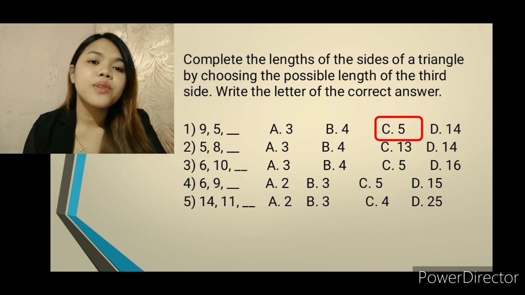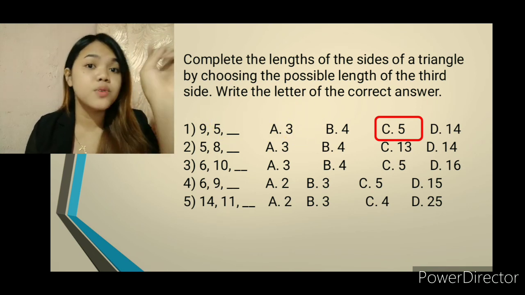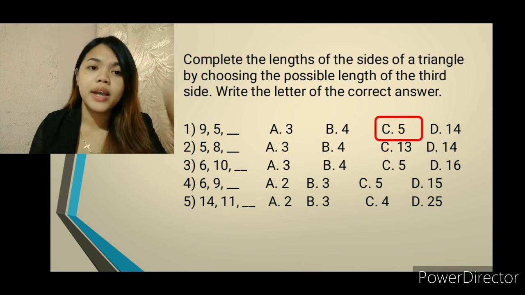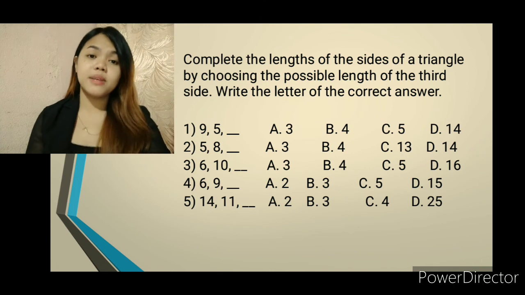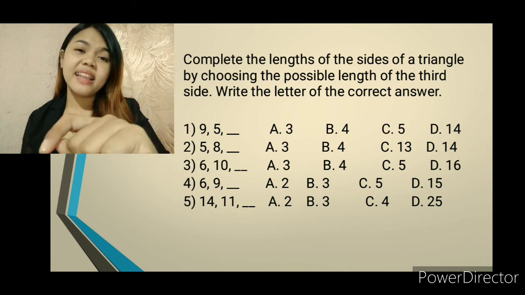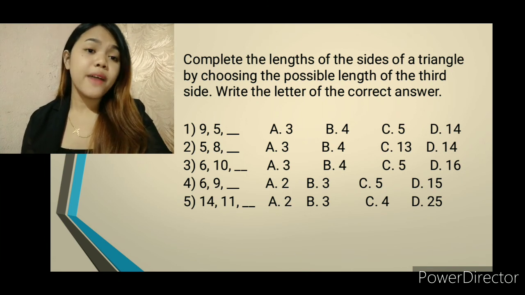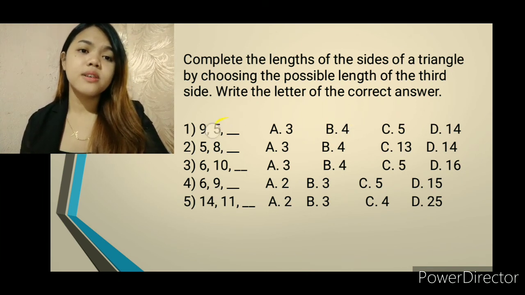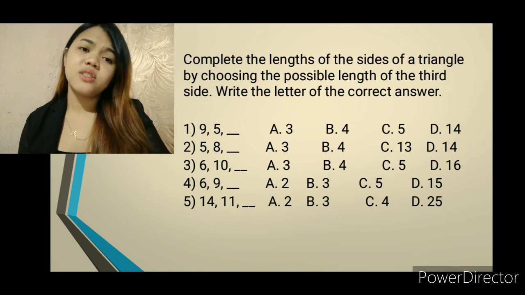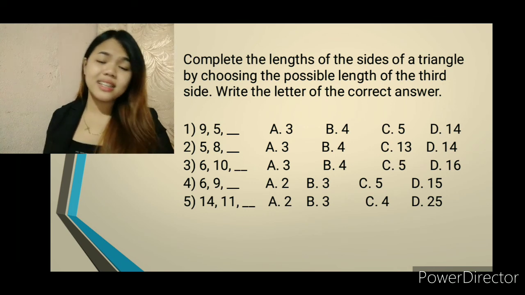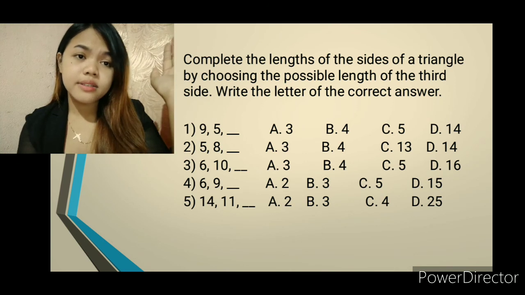So when you add 3 and 5, because you will use the shorter lengths, it equals 8, and 8 is less than 9, so it's not the correct answer. Number 4 is 5 plus 4, which equals 9, and 9 is the third side, so it is also not, because it is just equal to the third side. We need the greater than again.